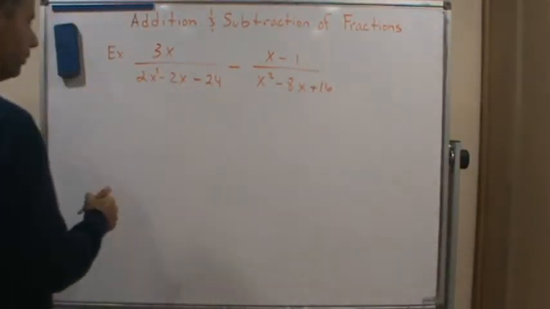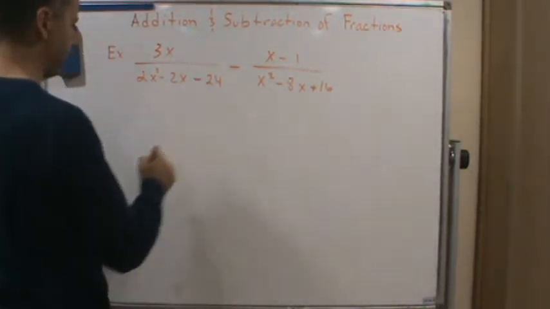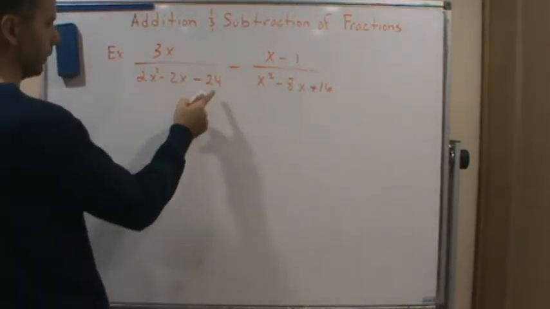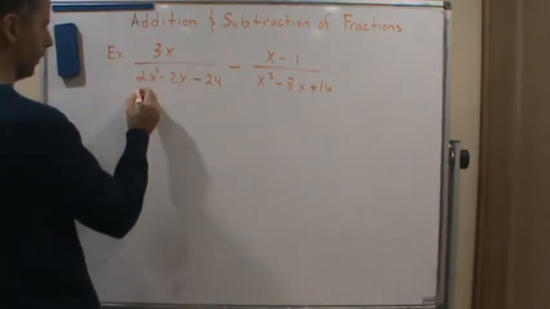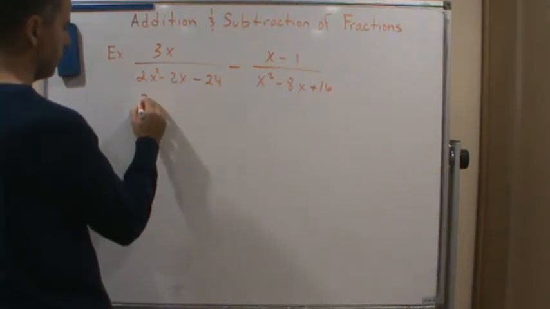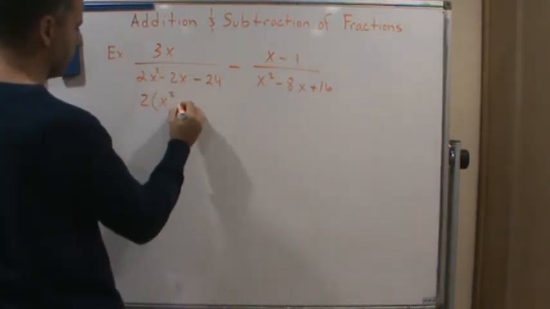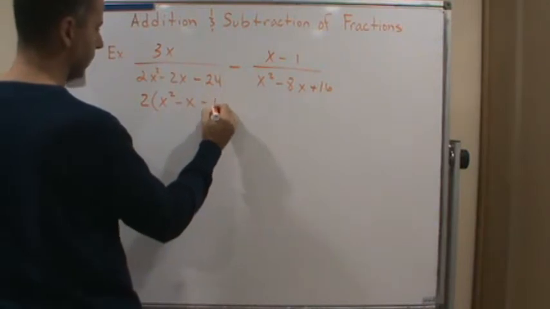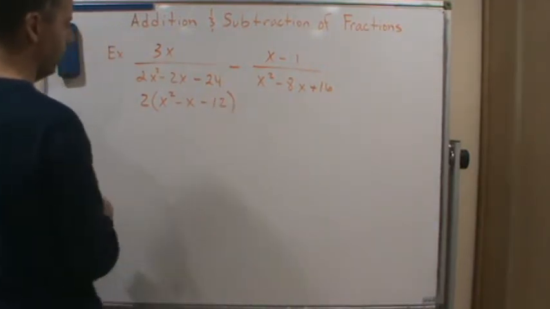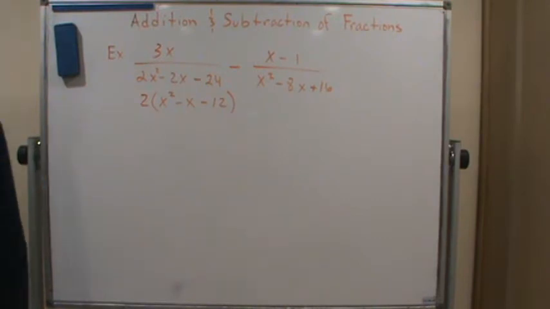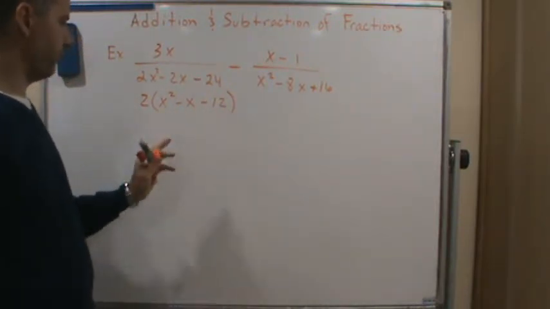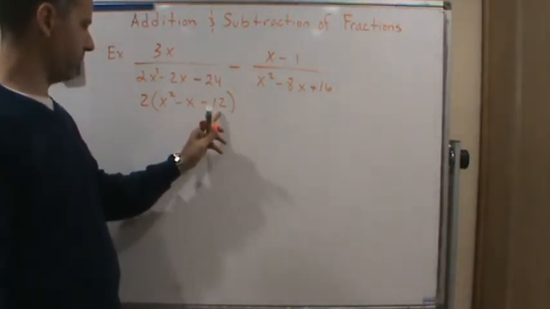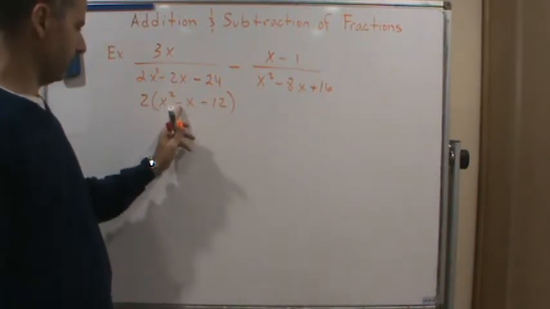The first thing we're going to do is factor the denominators. We always look for a greatest common factor, so we're going to factor out a 2 here. This is going to give us 2 times (x squared minus x minus 12). Now this can be factored, because for negative 12, we need 2 factors that add to negative 1.